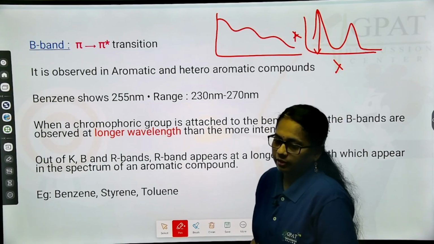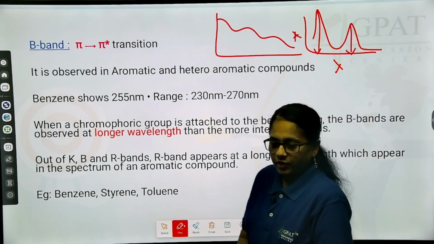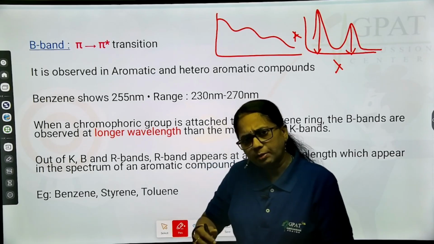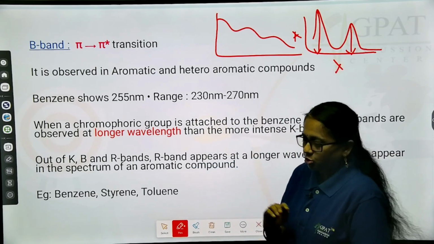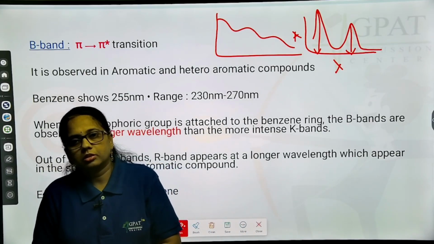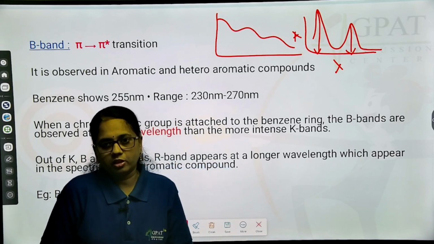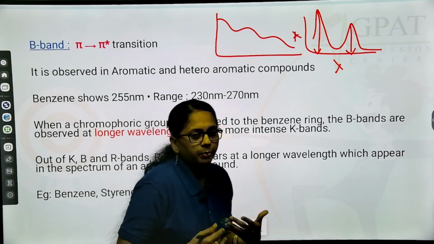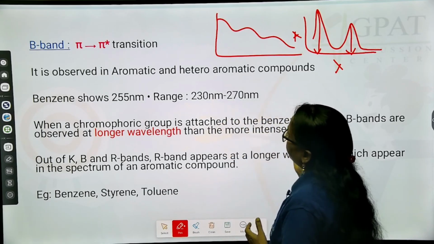Some molecules may have 2 lambda max values, some may have 3, based on the type of solvent we use, and different physicochemical properties also affect it. So which lambda max we select for a particular analysis, that is a different criterion.